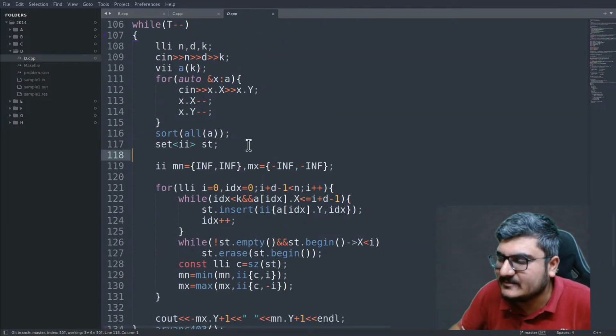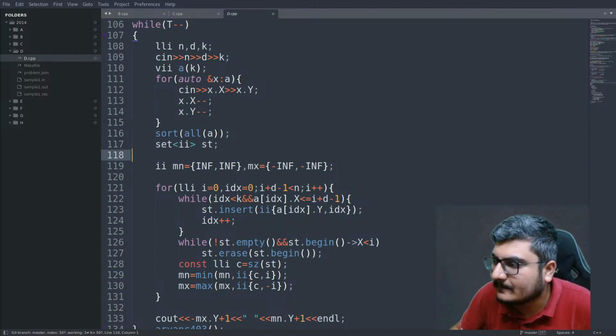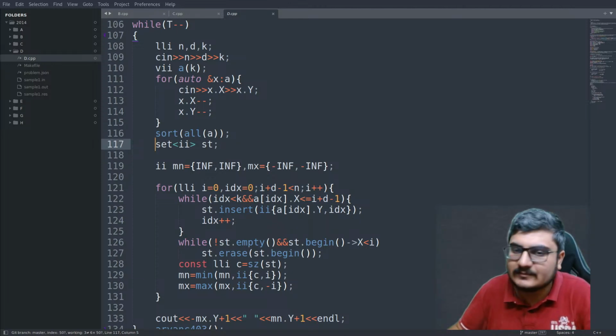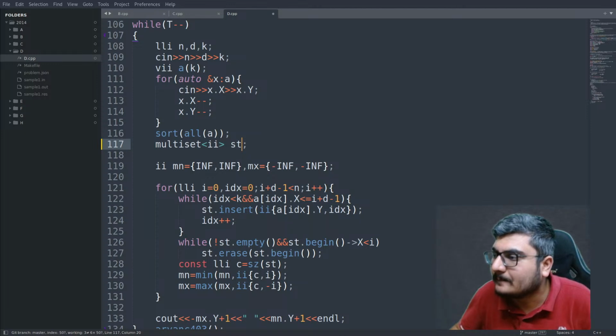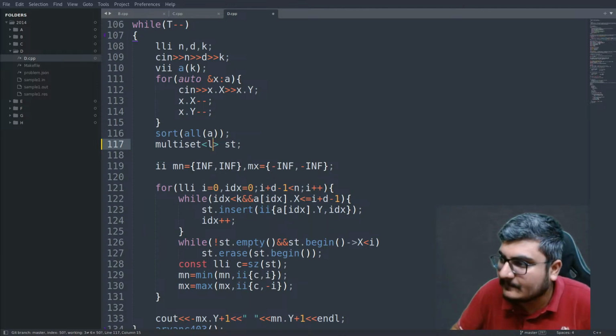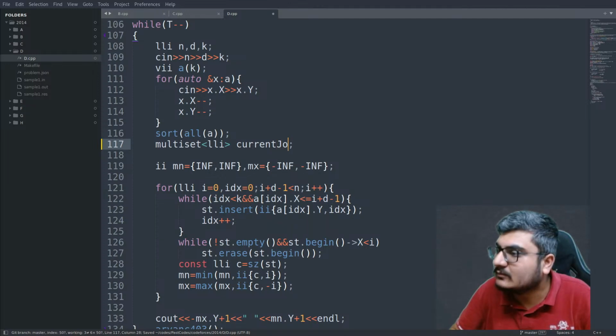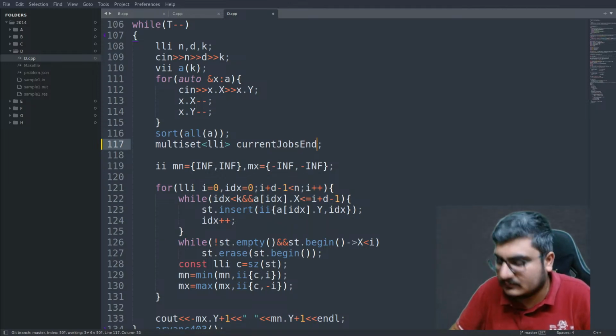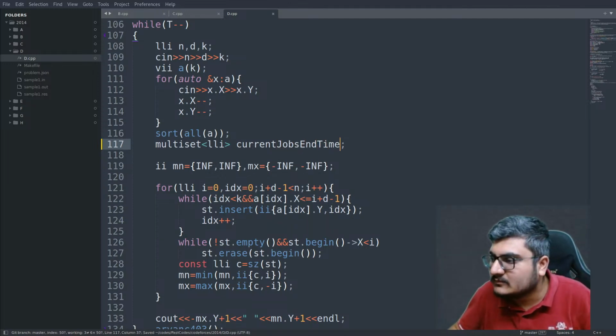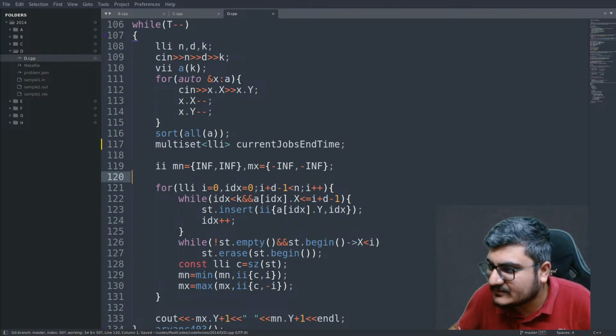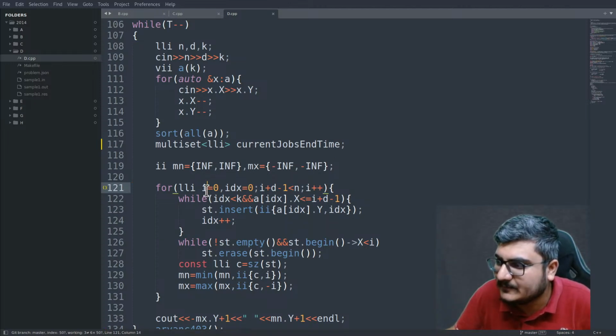So the idea is let's maintain a set or multi-set, I would say, of current jobs' end times. I will start working from day 1 first. I have sorted all the numbers as well.